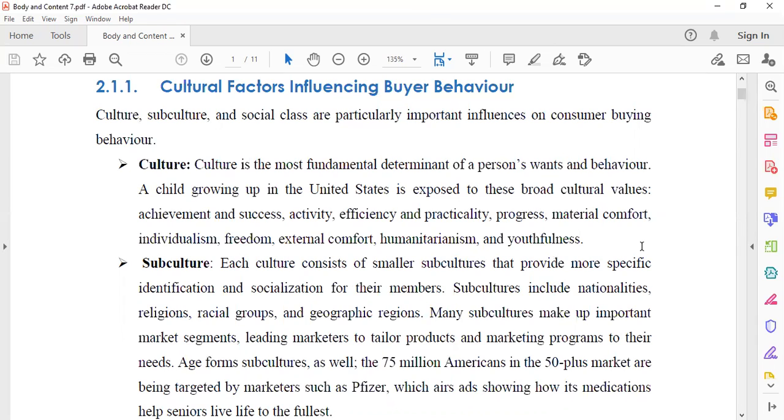And it's these cultural norms and values that drive what people in that culture, or people who exhibit that culture, consume.